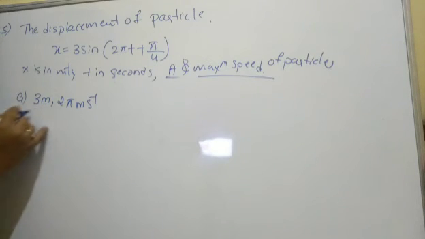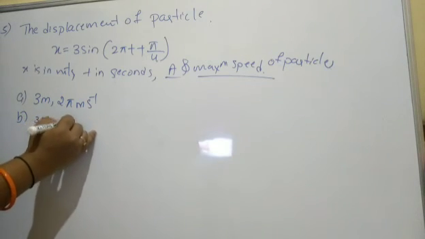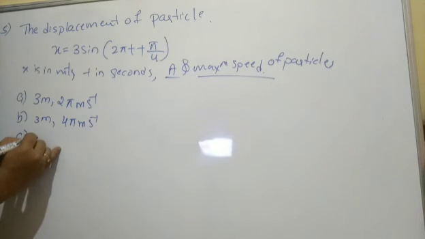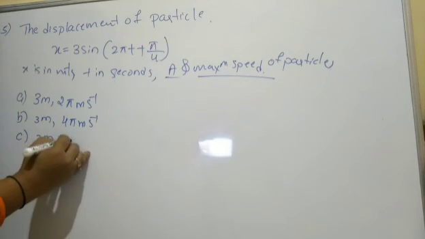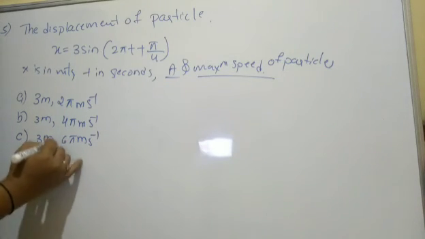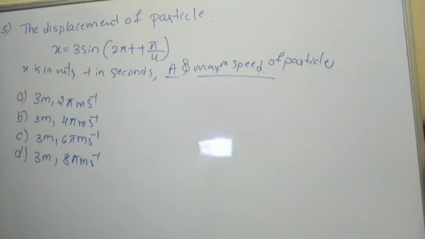The second option is 3 meter, 4 pi meter per second. The third option is 3 meter, 6 pi meter per second. The fourth option is 3 meter, 8 pi meter per second. So in these 4 options, any one is the perfect answer here.